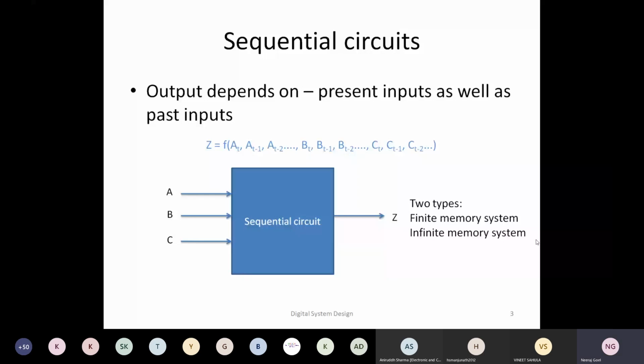That's it. Okay, if we give a practical example in nature, we see that most of the systems are actually sequential. For example, if an instructor asks you a question today, your answer would be different.